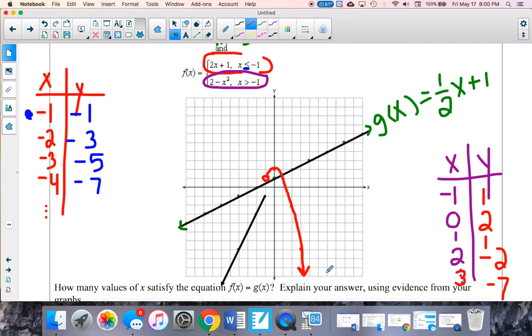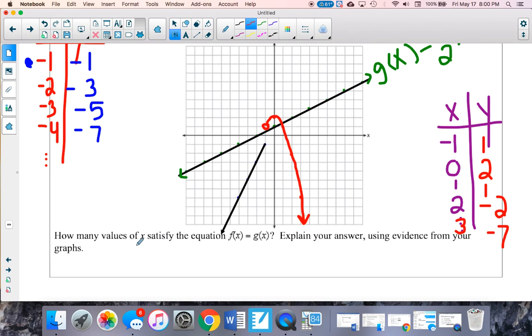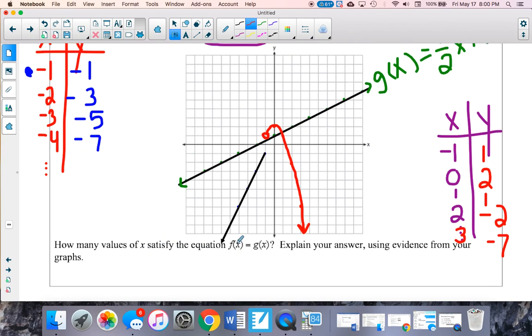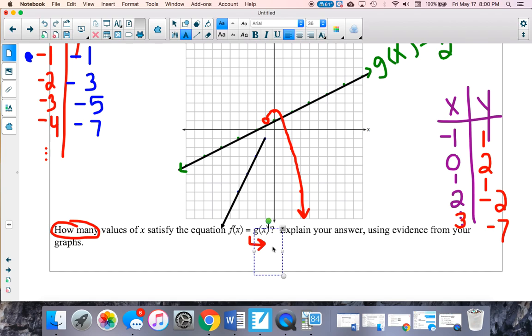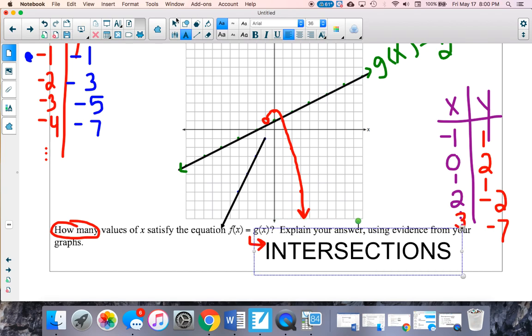And arrow. Okay? So now they're asking how many values of x satisfy the equation where they're equal to each other. Explain your answer using evidence from the graphs. So they're not asking us for the solutions. They're just asking how many. Remember that where they're equal, what we're looking for is called the intersection. So how many intersections are there?